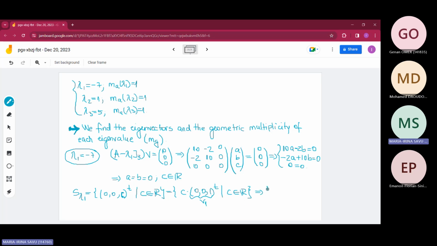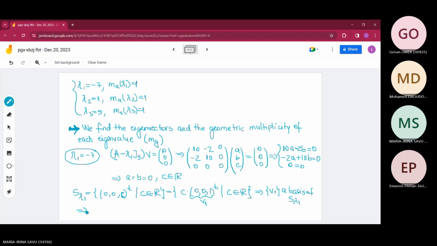then you will have that v1 is a basis of S lambda 1.